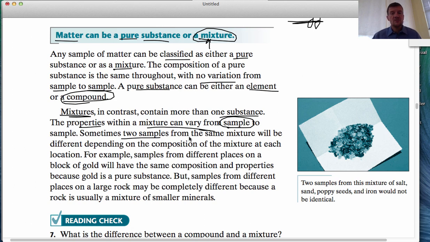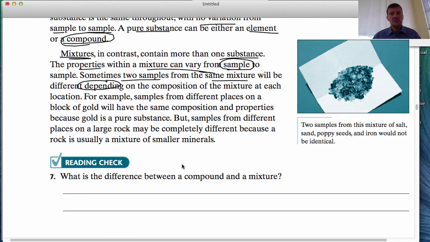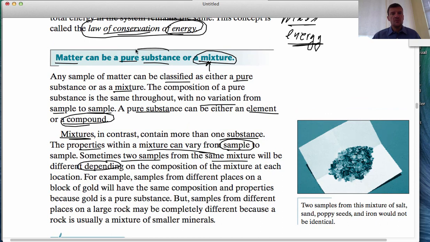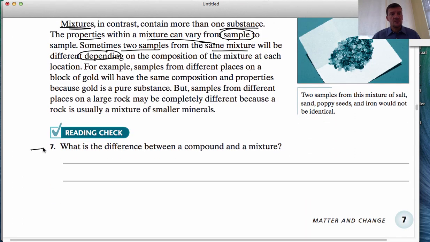So sometimes two samples of the same mixture will be different depending on how much of the 2 or 3 or 4 substances that you have in the mixture, how much you have in your sample. Okay? So just understand that we talk about pure substances and mixtures, and we're actually going to break mixtures down even further as we continue here. So answer reading check number 7.